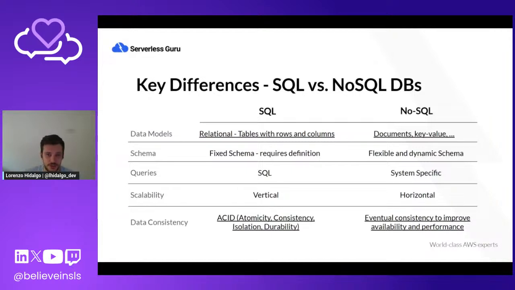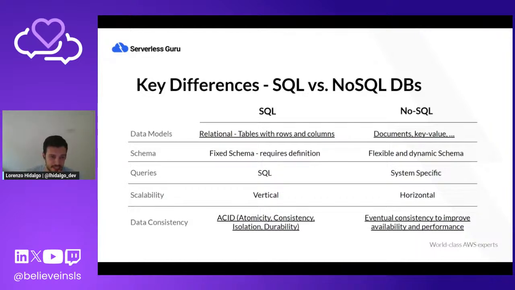Most errors come from that lack of knowledge about how NoSQL databases work and are supposed to be used. Here I have the key differences between SQL and NoSQL databases that I would like everyone here to have in mind the next time they interact with DynamoDB.